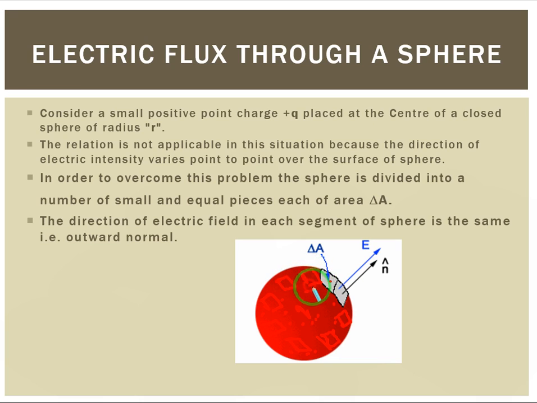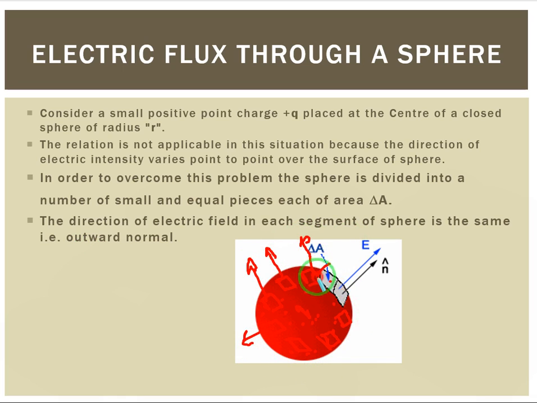So we divide the surface of a sphere into small pieces of area. So the direction of electric field in each segment of a sphere is the same, like outward. Everywhere it will be outward.